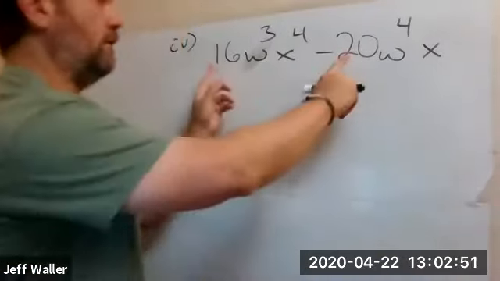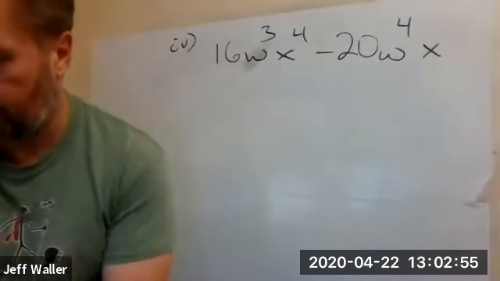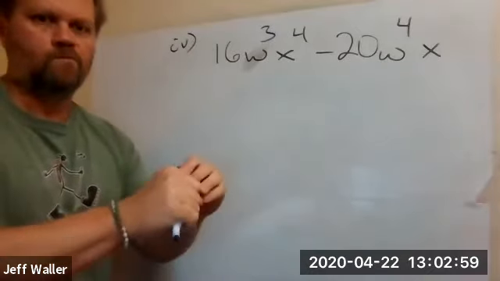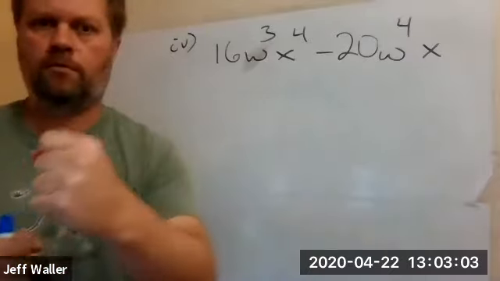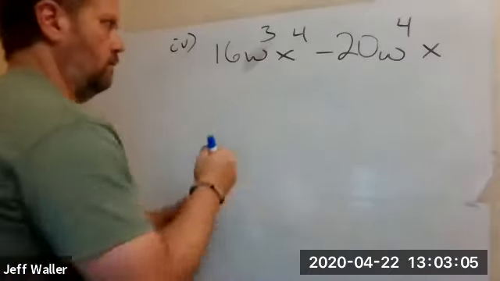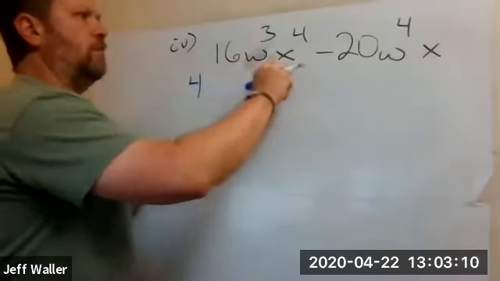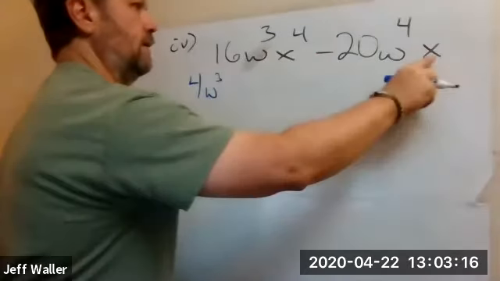So what's common for the numbers? What's the biggest number I can take out? Four. Yes, 4. So I can take a 4 out. How many W's can I take out? 3. How many X's can I take out?